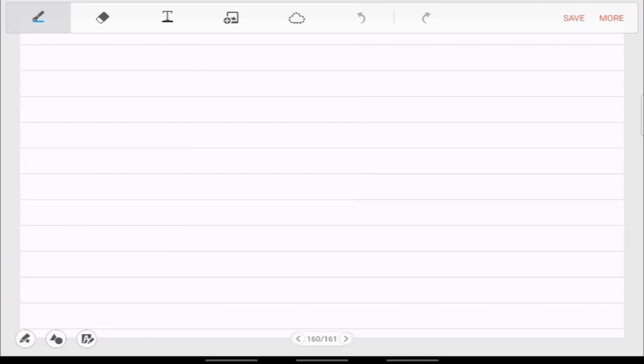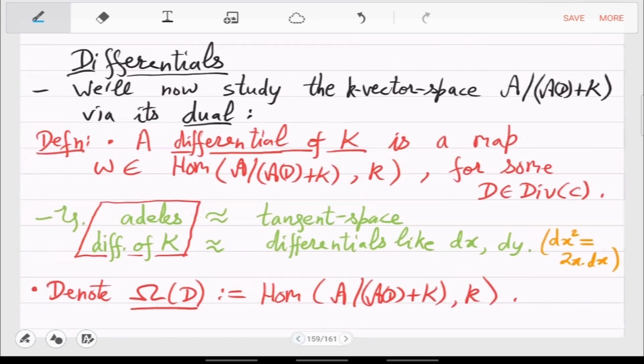So the first property is, what can you say about omega d prime and omega d? What is the relationship between them if d prime is a divisor, at least divisor d? So one thing to remember, which will help in all our future properties, is that you are interested in homomorphisms or maps which have to annihilate AD plus K, right?